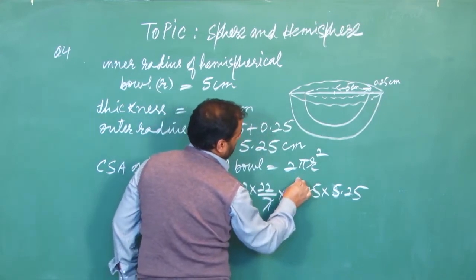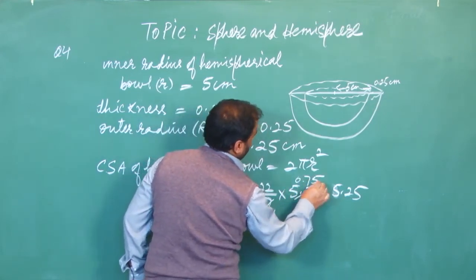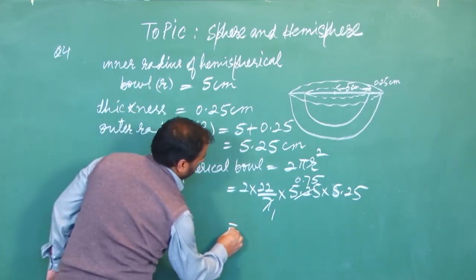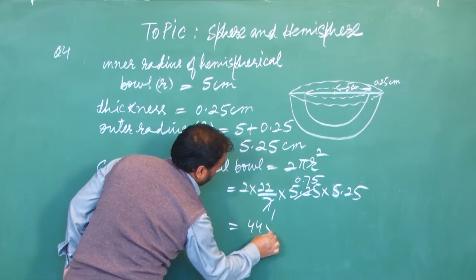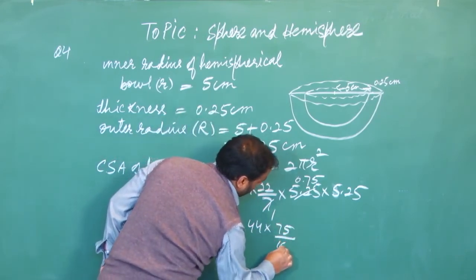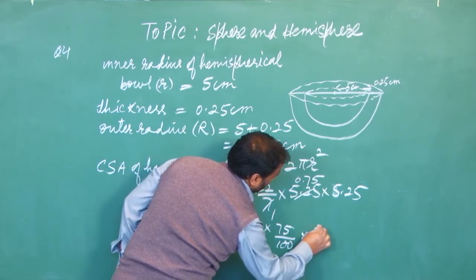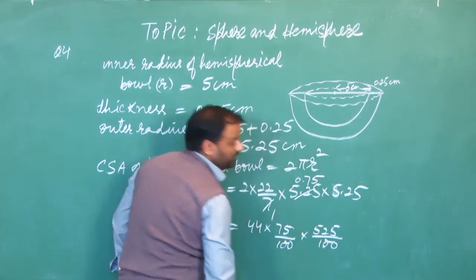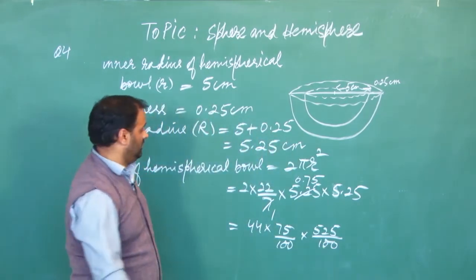Cancelling this, it is 22 into 2, 44, into 0.75 can be written as 75 by 100, and 5.25 can be written as 525 by 100.